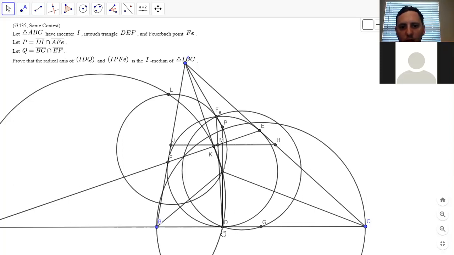How do we know that? Oh, well, I guess we just need to show FM times ME is JM times MH, which is kind of like the same as showing that that's cyclic, right?